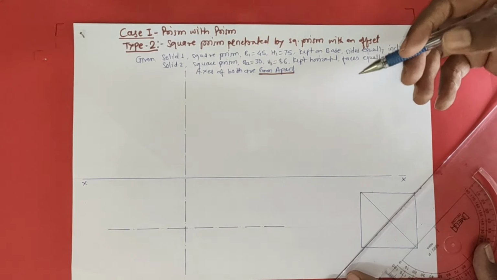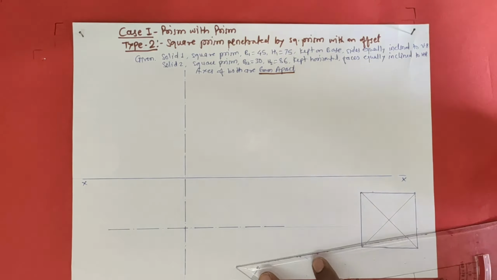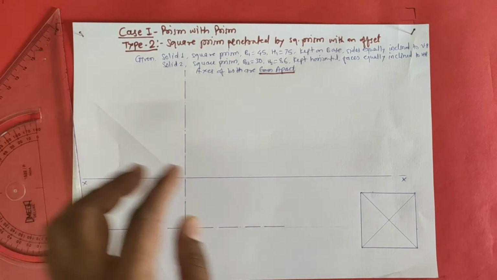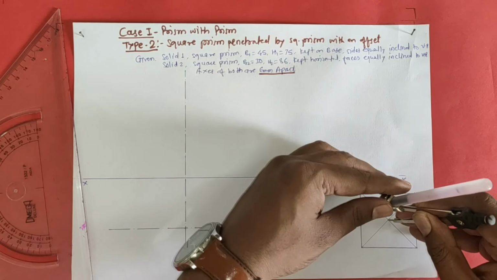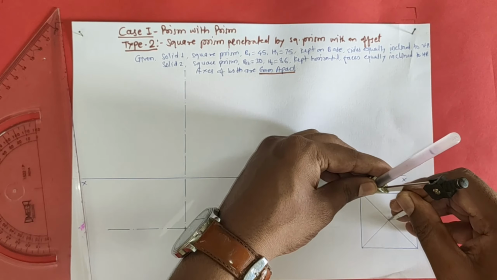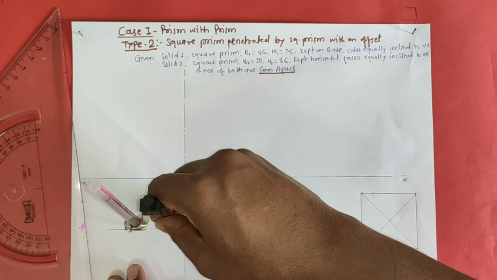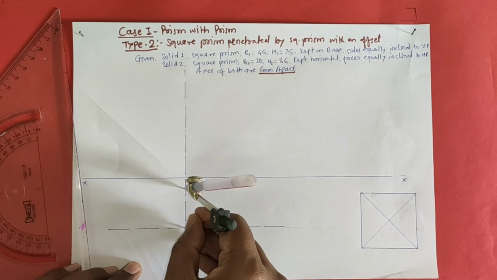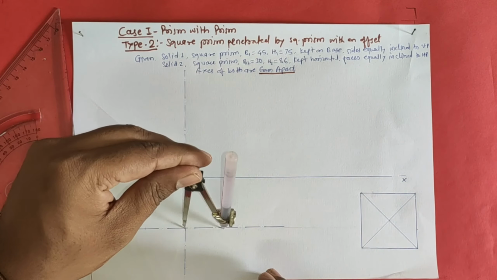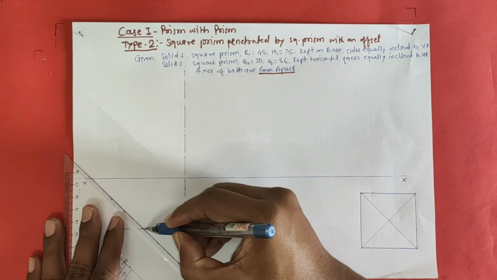Join the faint diagonals. Now take in the compass half of the diagonal distance. This is the distance. Then put it at the center and mark 4 small arcs, and join them.